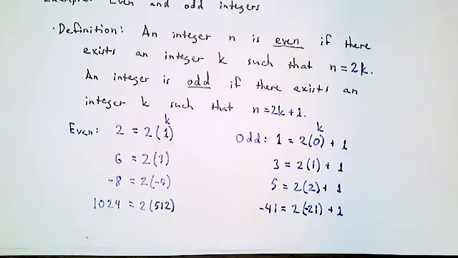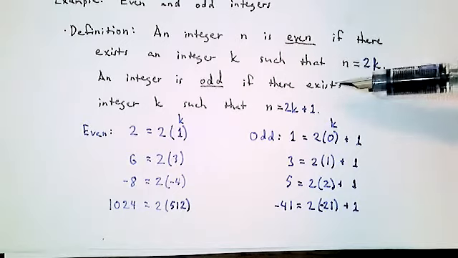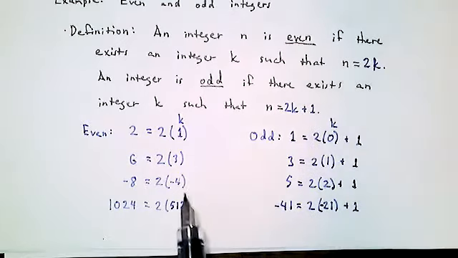I've been saying 2 too many times. Got a little twisted there. Okay. So those are the definitions, and this is how the precise mathematical definitions match up with our intuitive understanding that you guys have developed over your experiences in school.